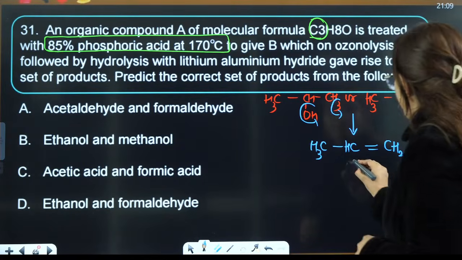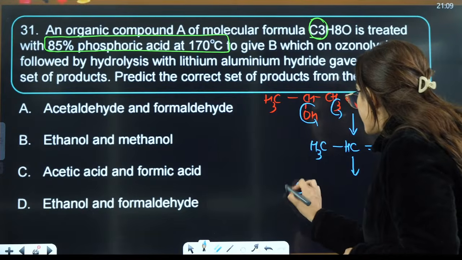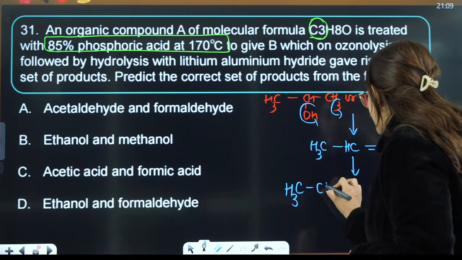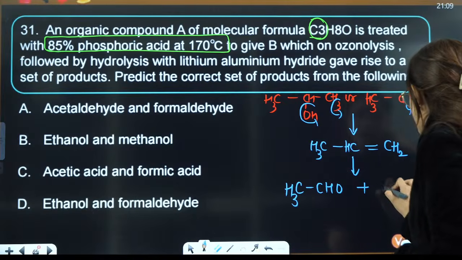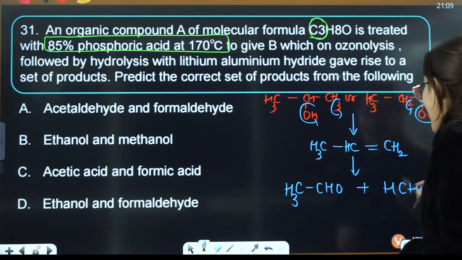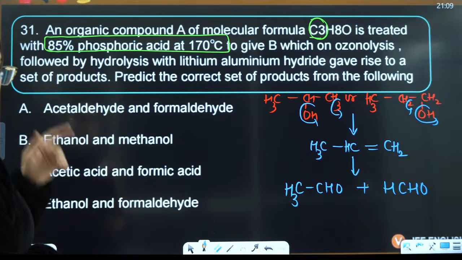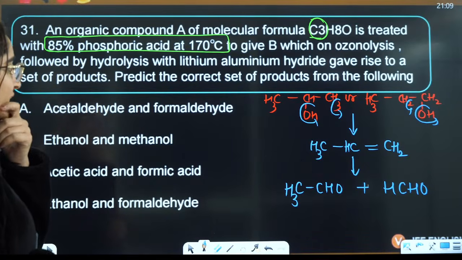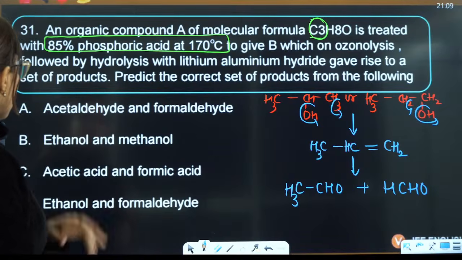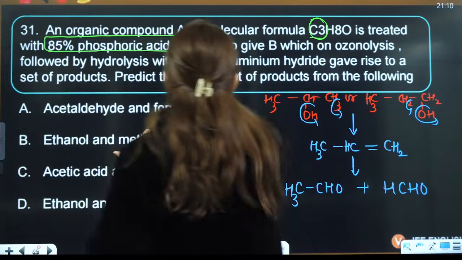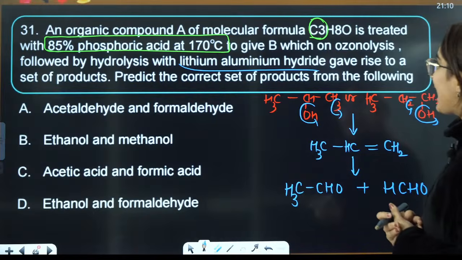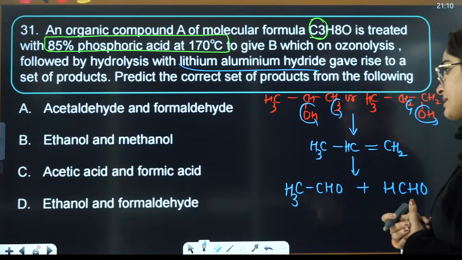After this, you will have ozonolysis. This will give you CH3CHO and this will give you HCHO, that is acetaldehyde and formaldehyde. Now they are saying it is further reduced by lithium aluminium hydride.